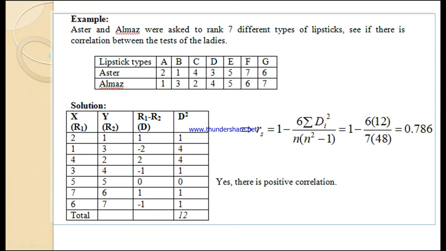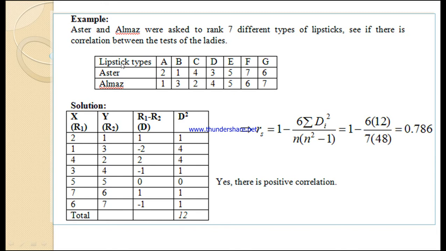And we want to look at the correlation between the tests of the 2 ladies, Aster and Almas, if they ranked these 7 different types of lipstick in this manner.